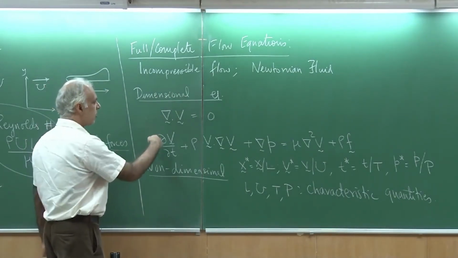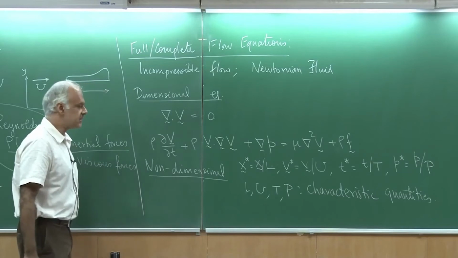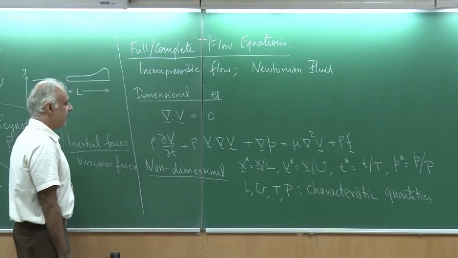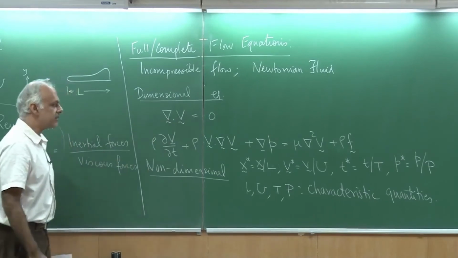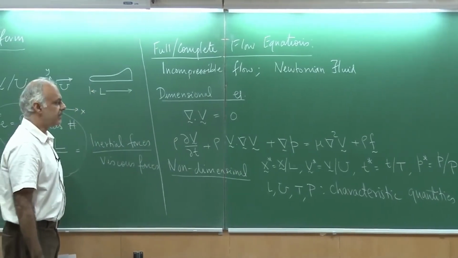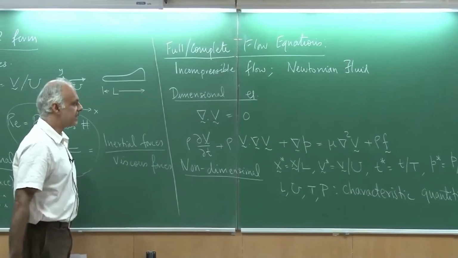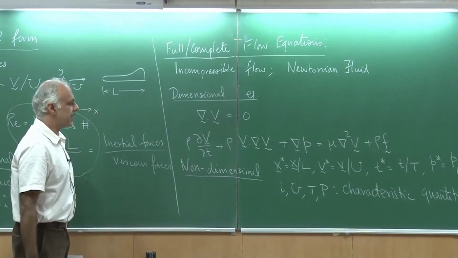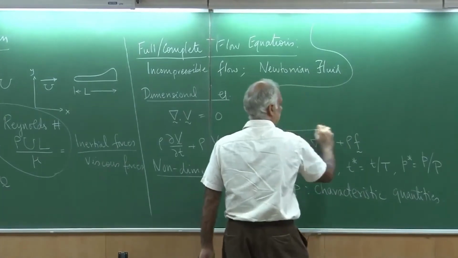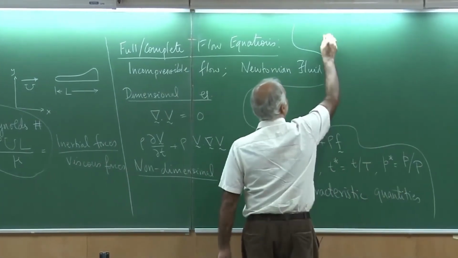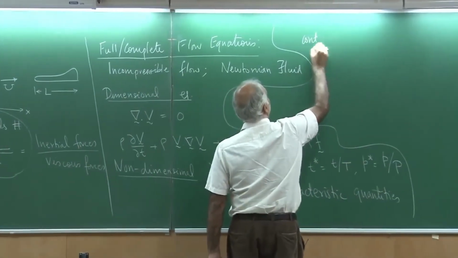Now I would like to non-dimensionalize these equations. So what I will do is put these equations in a non-dimensional form, and whatever factor I get, I put next to it. So let me show you what I mean. First, the continuity equation.